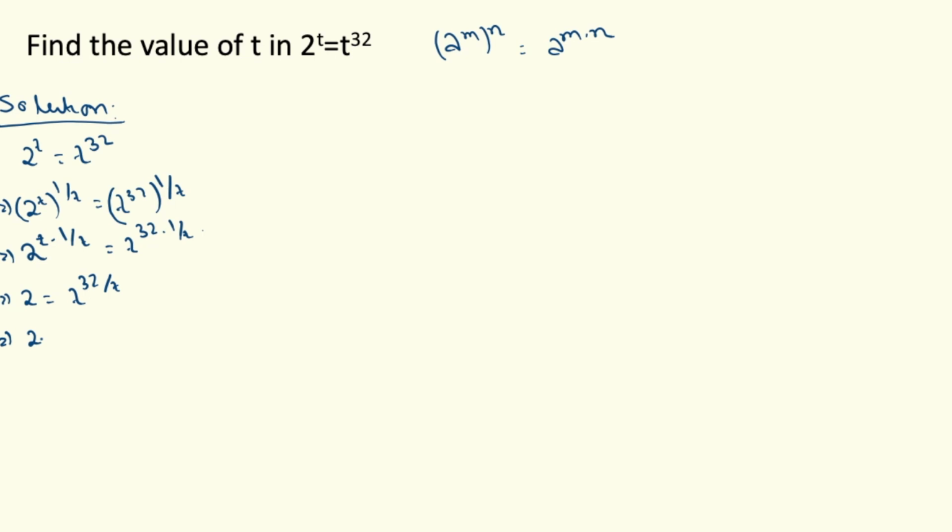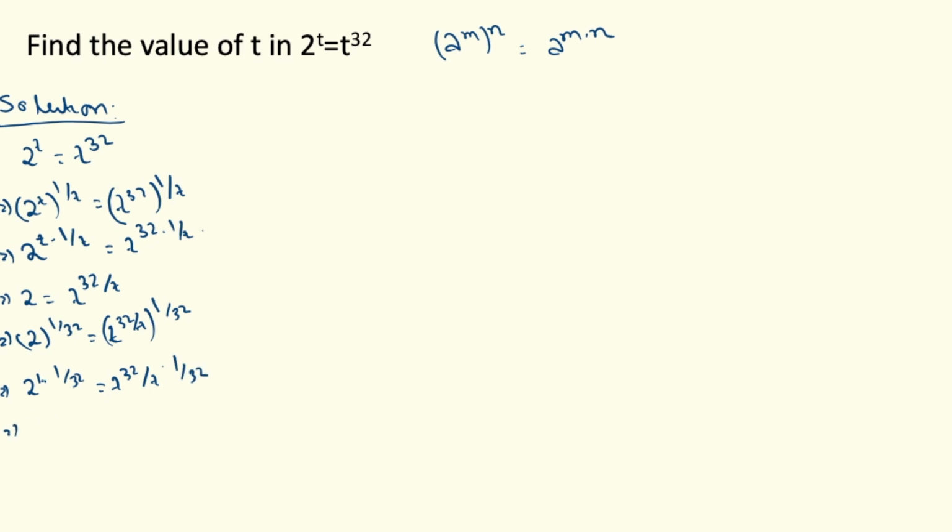Now I will take power of 1 by 32 on both sides. This would give me 2 to the power 1 by 32 equals (t to the power 32 by t) whole to the power 1 by 32. This would mean 2 to the power 1 into 1 by 32 equals t to the power 32 by t into 1 by 32.